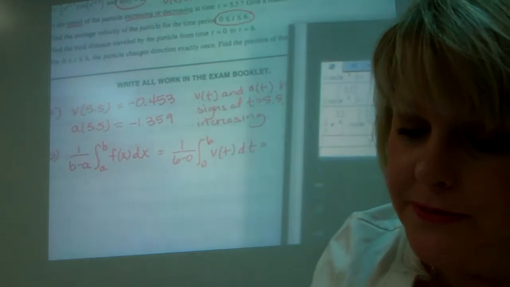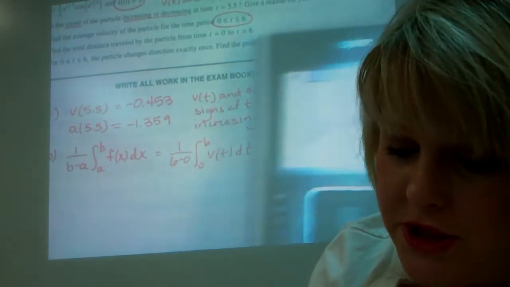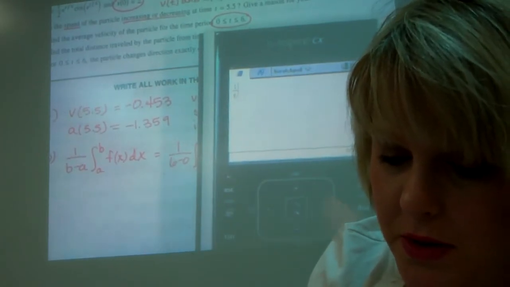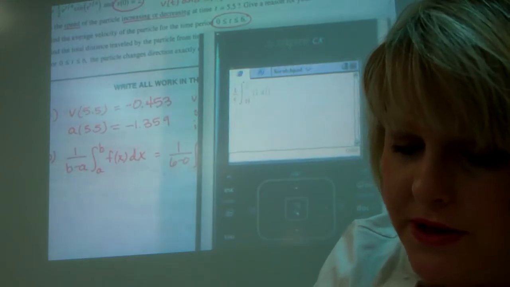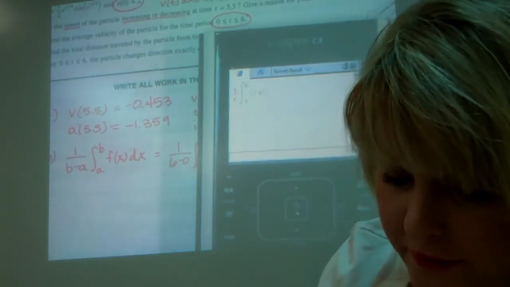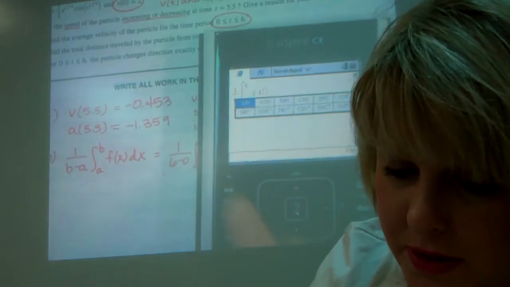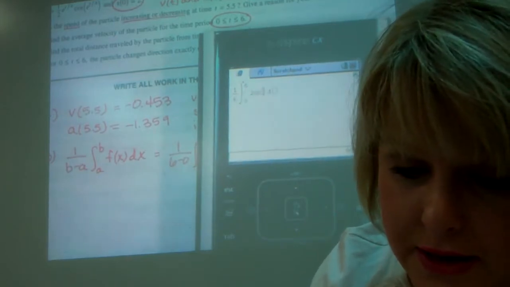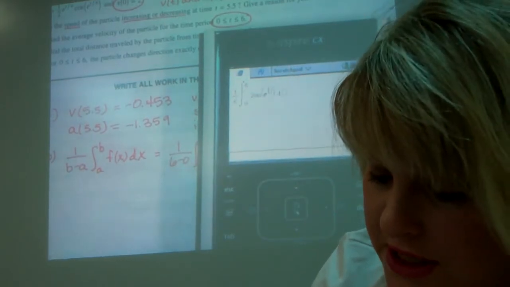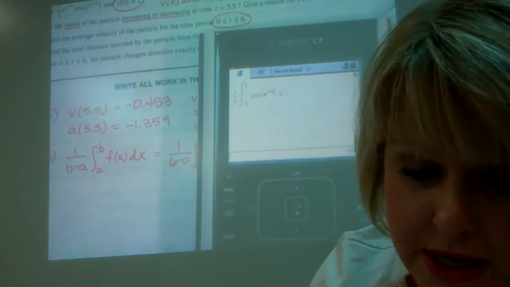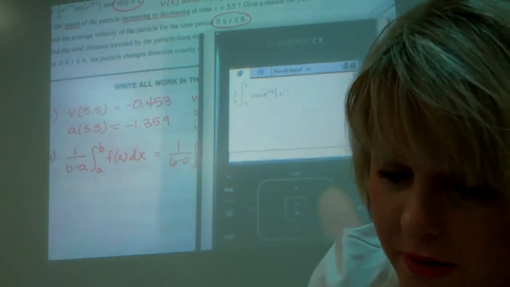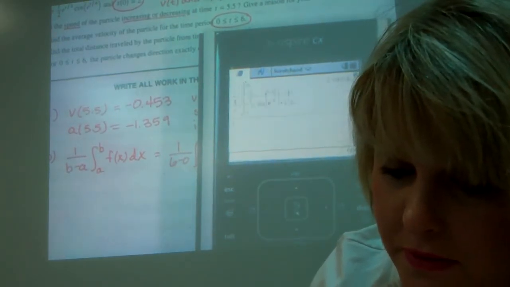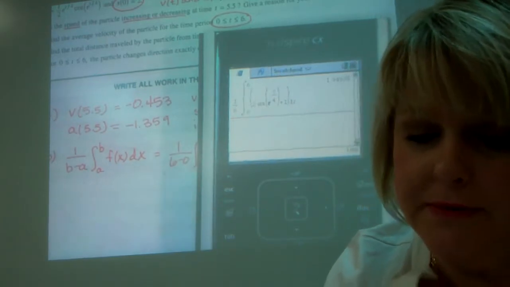So then on the calculator, we would do 1/6, whoops, and then the integral from 0 to 6 of 2 sine of e to the, you can use t or x if you want to use t, over 4 plus 1 dt, 1.949.